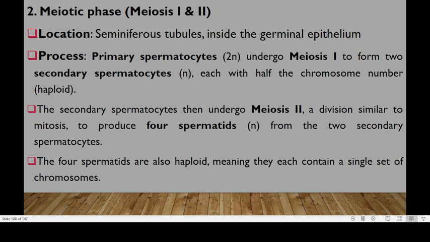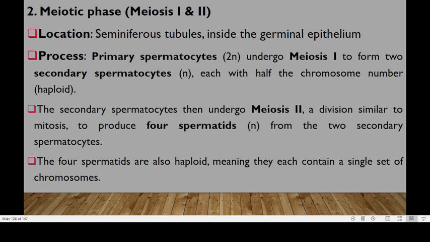Then now we have the meiotic phase. So we have meiosis 1 and meiosis 2. Of course, the location still remains the seminiferous tubules inside the germinal epithelium. So the primary spermatocytes, which are diploid, normally undergo meiosis 1 to form two secondary spermatocytes, which are haploid, each with half of the chromosome number.